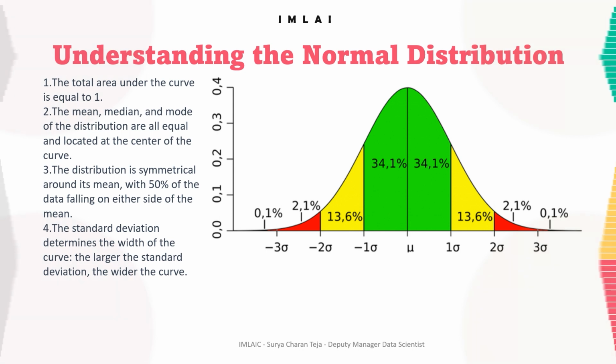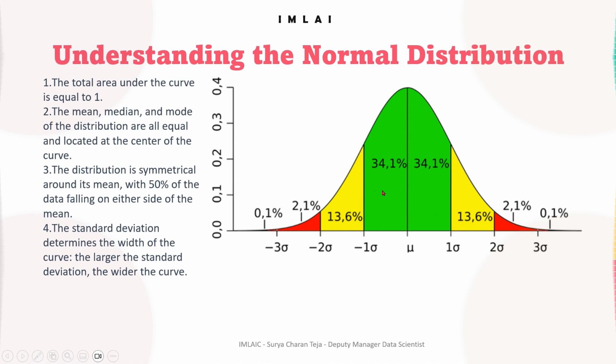In what all fields we use the normal distribution, that I will explain. But before that, there is one more important concept under this. In a normal distribution, the data falls within certain ranges depending on the number of standard deviations from the mean.